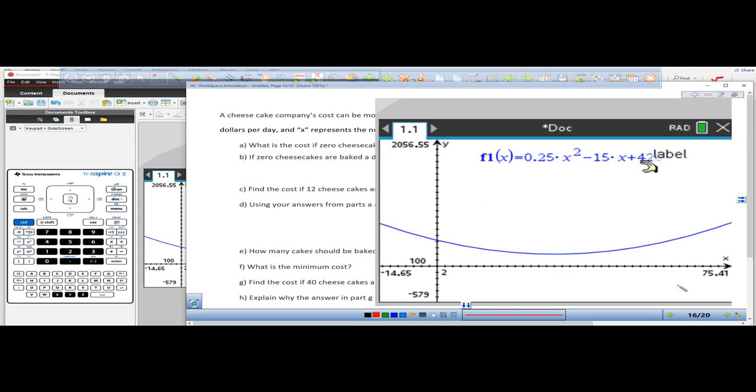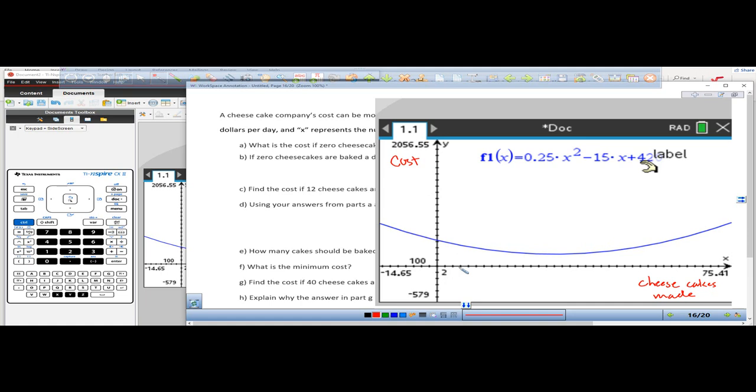So in this situation, the x-axis represents the number of cheesecakes made. All right, so it's important for us to understand that, right? And the y-axis in this case represents the cost, the cost of the company.